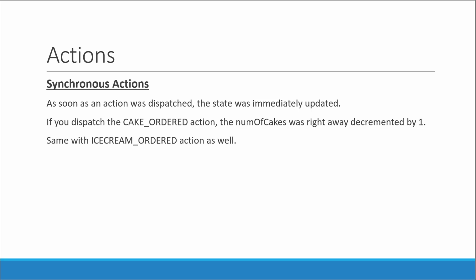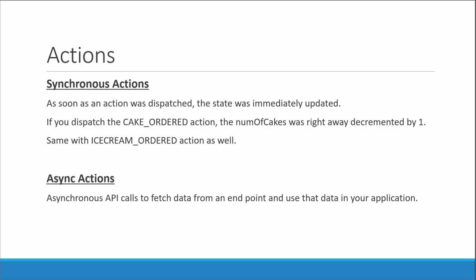However, you will eventually build applications where things happen in an asynchronous way. For example, you will make asynchronous API calls to fetch data from an endpoint and use that data in your application. Before we dive into the code on async actions, let us first understand what we need to accomplish.